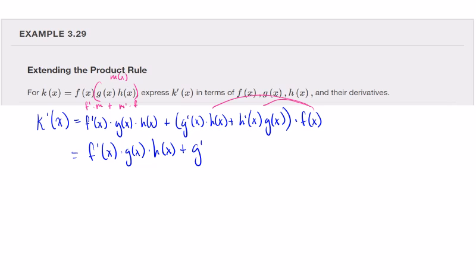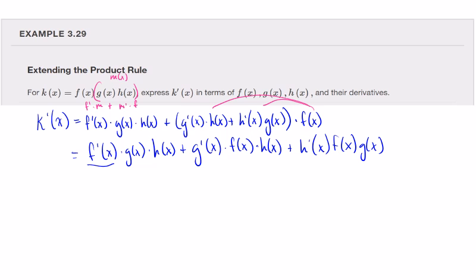So it's going to be g prime times, I'll put f second, times h. And then last but not least, we're going to have h prime times g times f, right? So it'll be h prime times g, or let's put f first, times g.